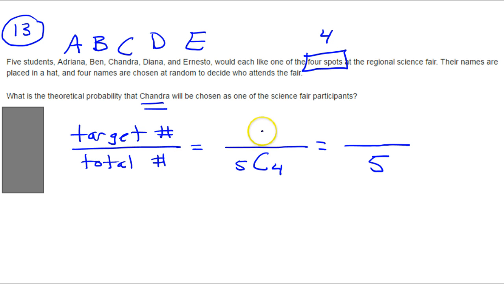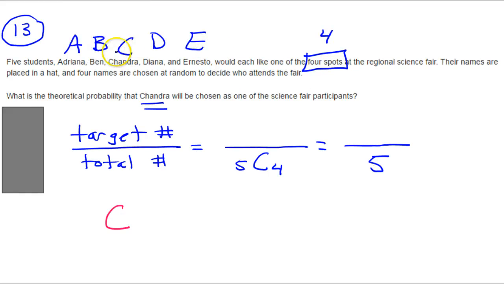I could do another combination, but it would be kind of silly. Let's just use our common sense. If we know that Chandra is definitely going to be chosen, then the question is, how many groups can be made that involve Chandra? Well, they're picking 4 people, so only one person is going to be left out.